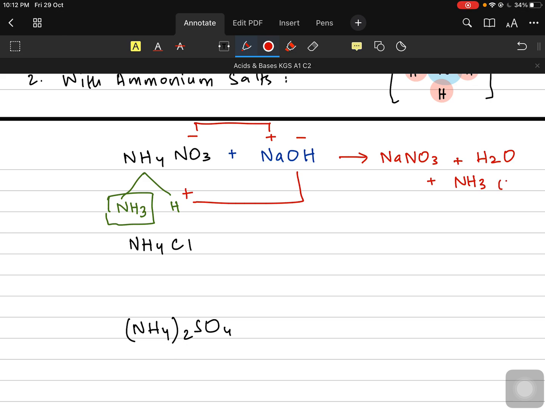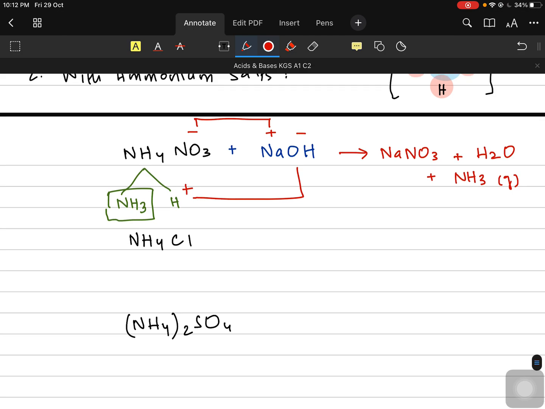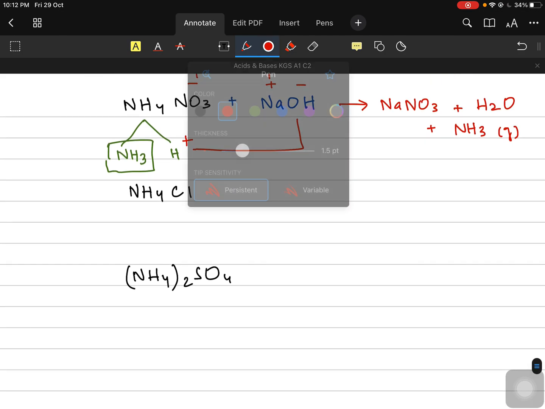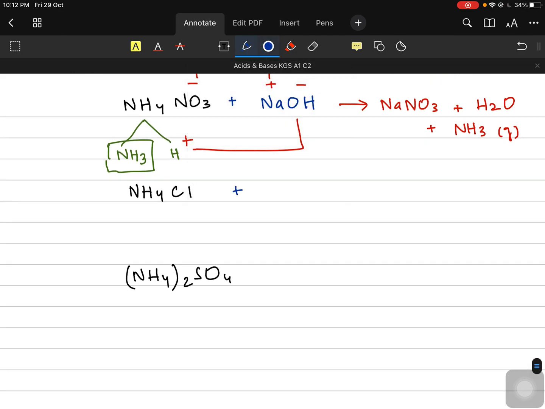So you get ammonia gas. Let's try out with NH4Cl, and let's suppose we have the alkali of maybe lithium hydroxide. Again, NH4 is unstable, so it gives you NH3 gas and gives you one H. Now we know that H is plus, Cl is minus, lithium is a group 1 metal, so it's plus, OH is minus.